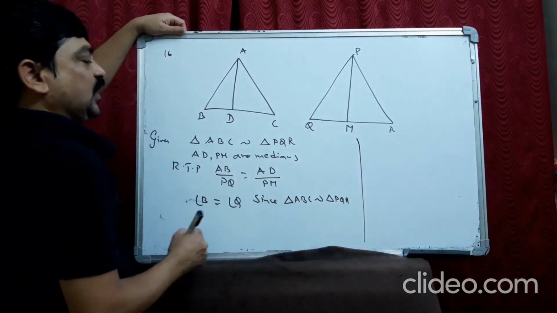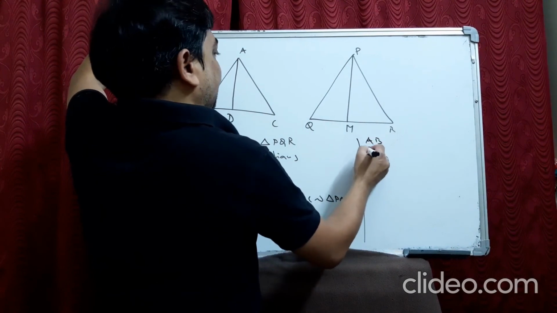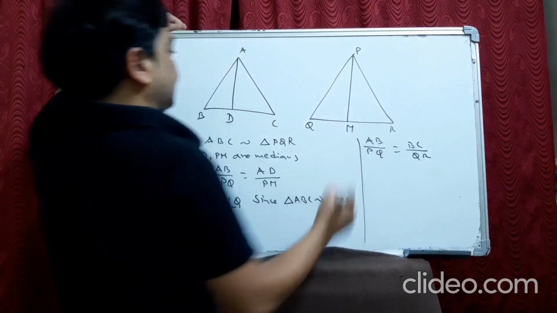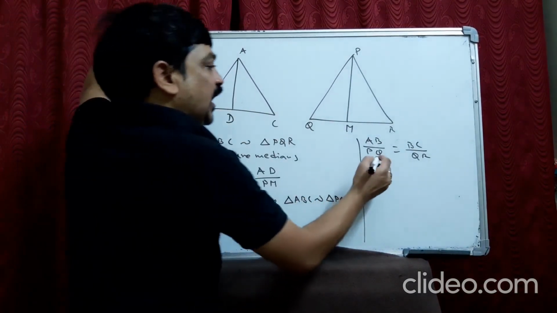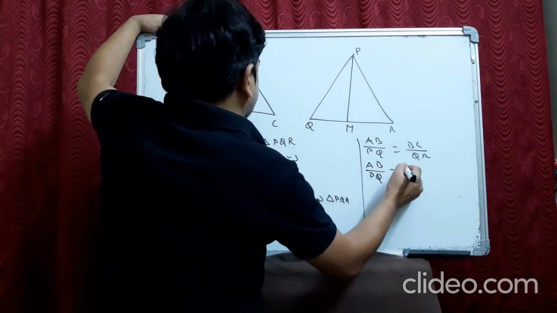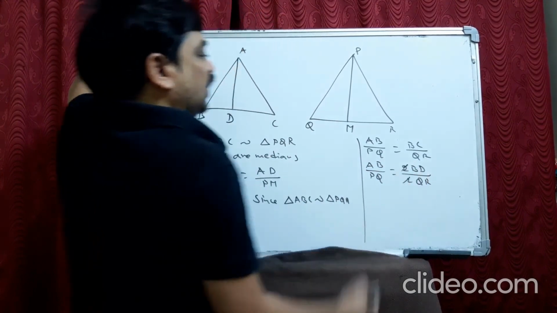How I tell you. Now I also take AB by PQ is equal to BC by QR. And now I can also take AB by PQ is equal to BC, meaning 2BD, by 2QM. You can cancel 2.